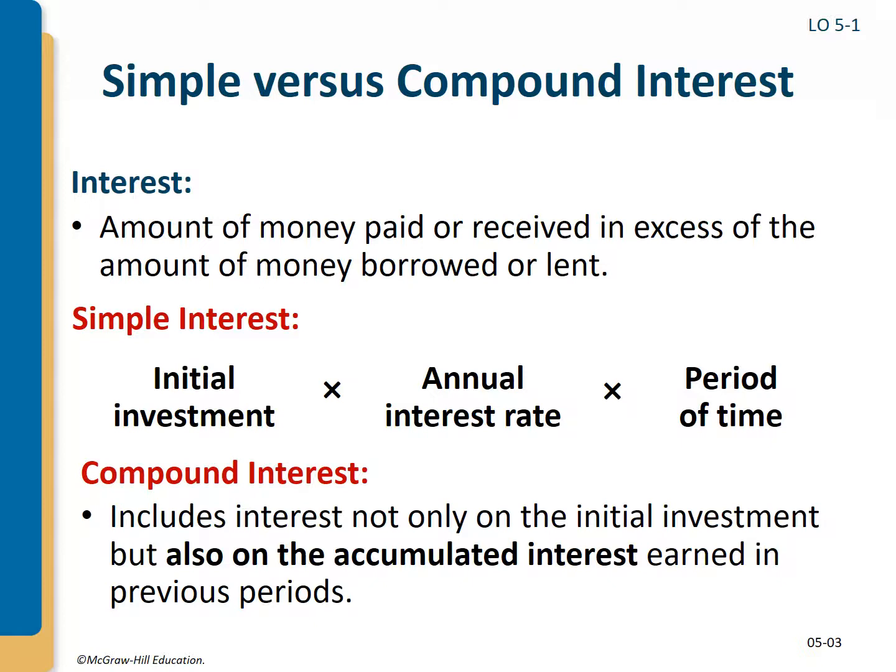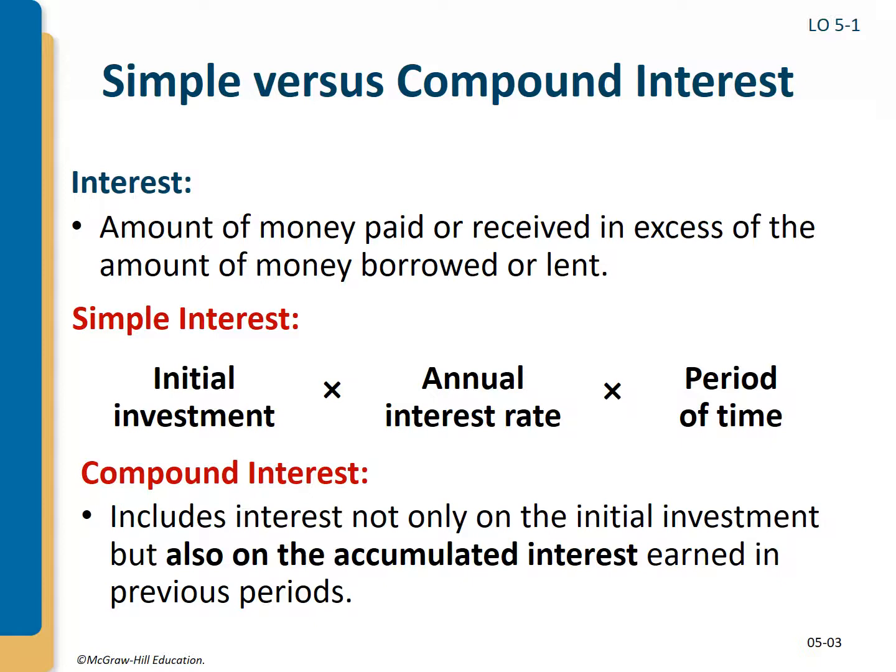But in the real world, we don't use simple interest. We used it in the beginning of the accounting so that we could make our interest computations simple. But in the real world, we use what's called compound interest. And what this means is, at the end of each period that you earn interest, that interest is added to your investment.